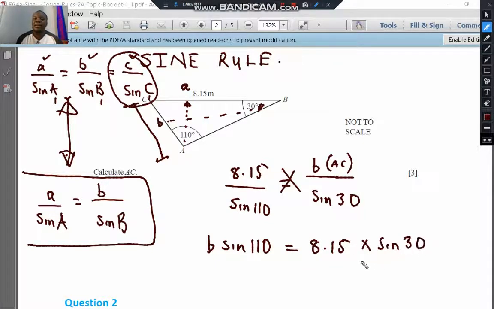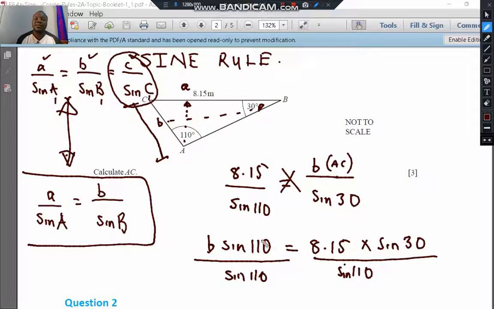I don't want to go into details of multiplying the sine 110 to get the decimal number. So we need to divide by sine 110 and punch everything on the calculator because it's easier that way.